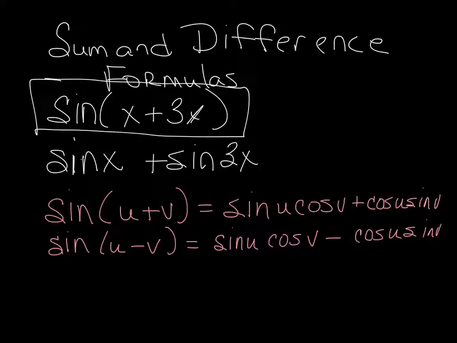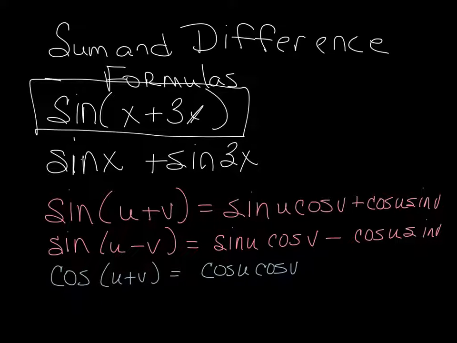For the cosine, notice with the sine, if we're adding, we add in the formula. For the cosine of u plus v, we have the cosine of u times the cosine of v minus the sine of u sine of v.